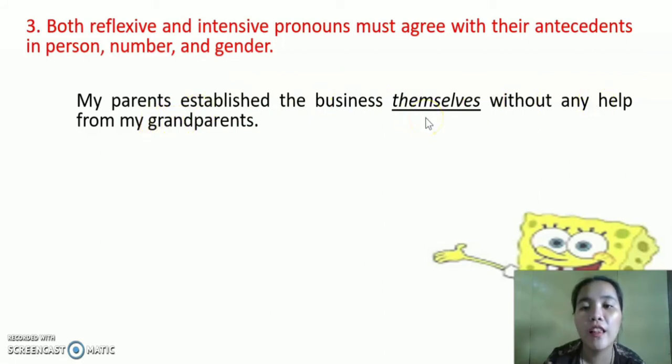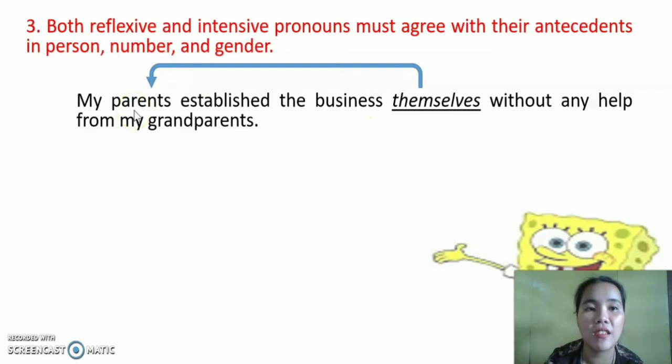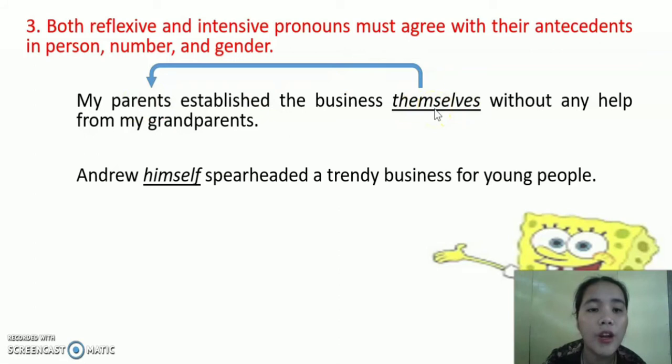So again, this is a reflexive pronoun. So the reflexive pronoun is themselves, referring to the antecedent parents or my parents. Okay? So themselves siya because it is a plural. Plural siya, daghan man siya. So themselves.